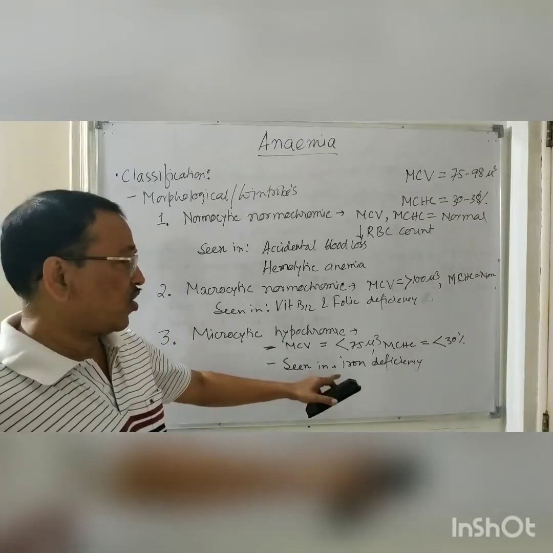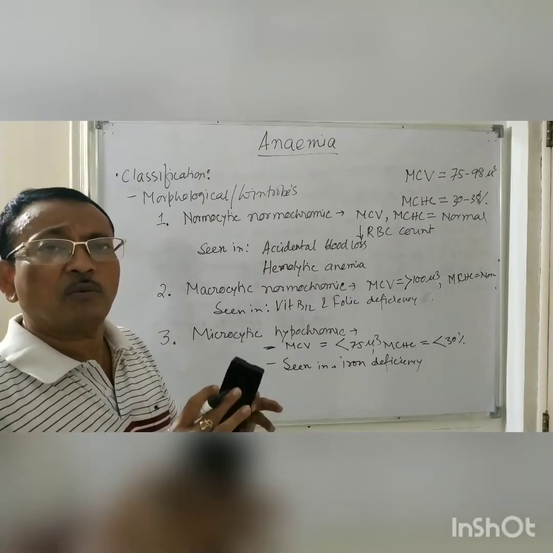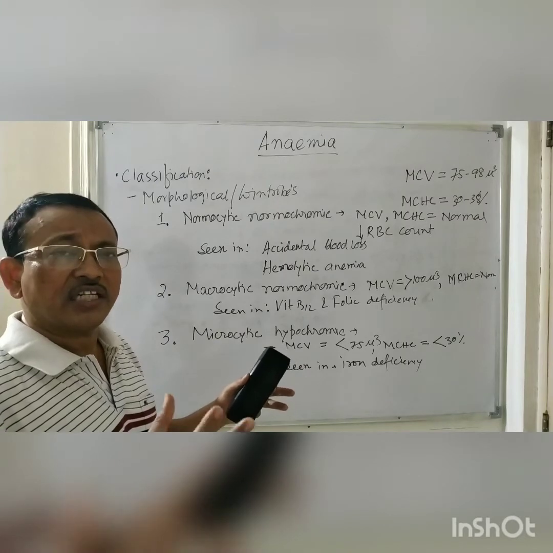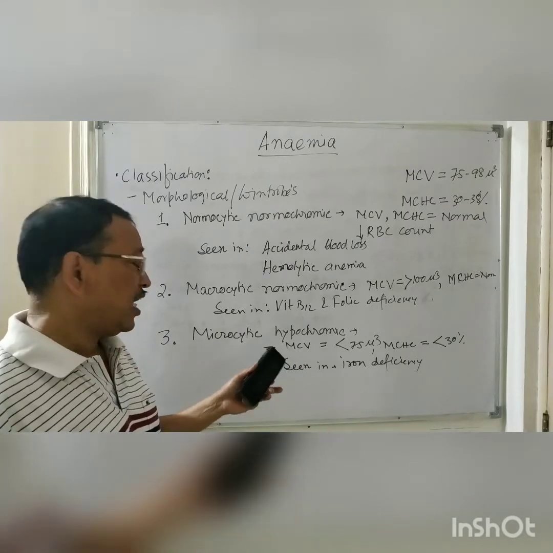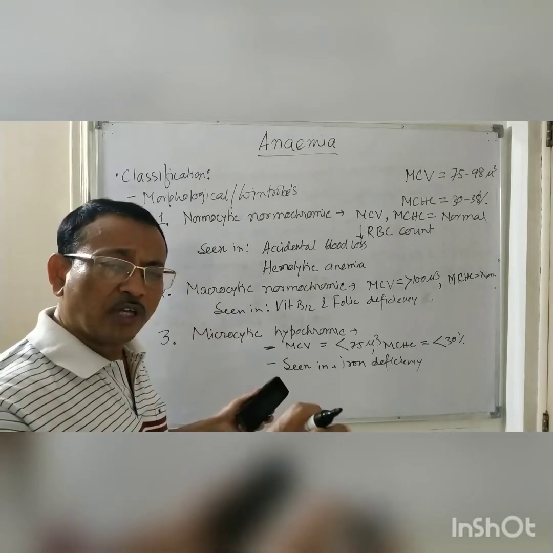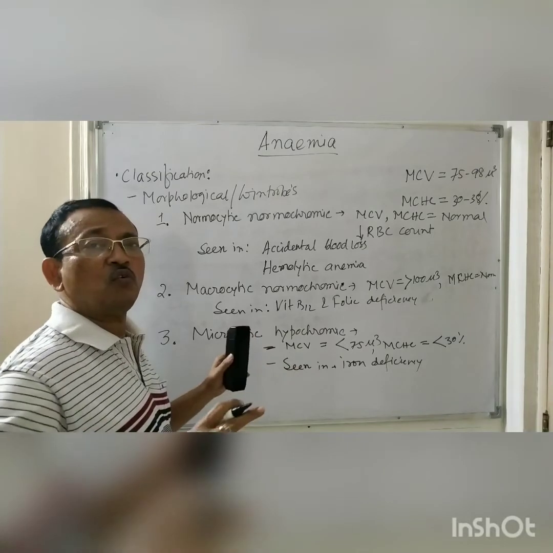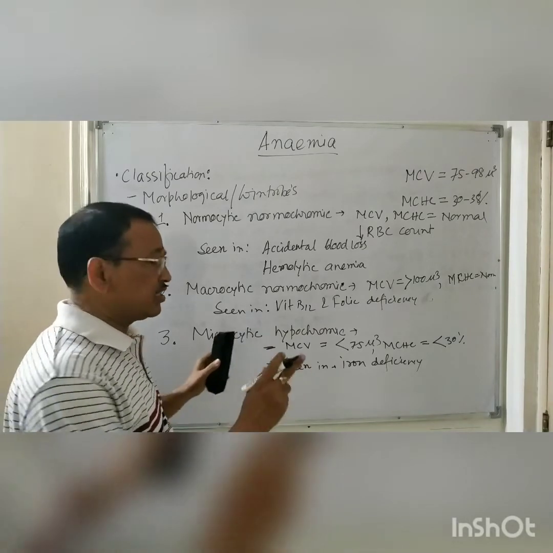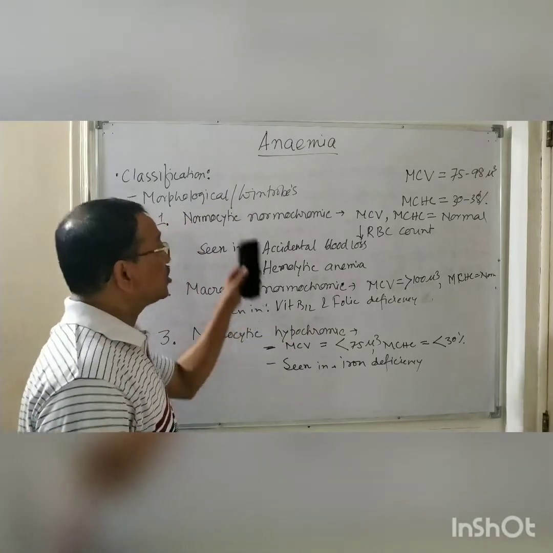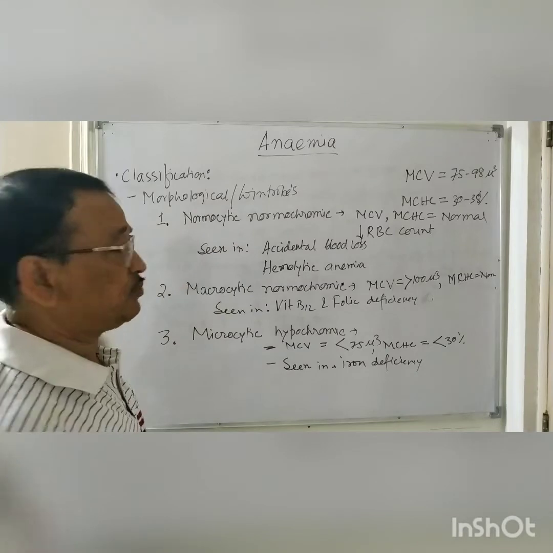So as the iron is deficient, hemoglobin will not be formed, and thereby the oxygen carrying capacity will be decreased. The RBC will contain a very low amount of hemoglobin, and the size of the RBC will also be very small, and this is why it is known as microcytic hypochromic anemia. So this is all about the morphological classification, or Wintrobe's classification.